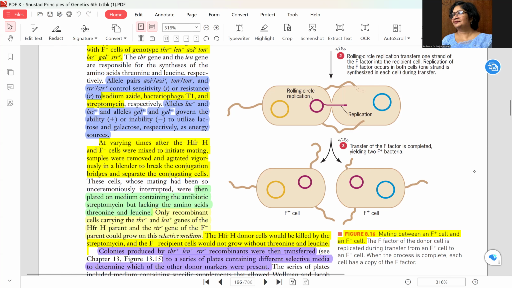And as the DNA strand is transferred, Okazaki fragments are formed in the recipient cell, and eventually the whole displaced DNA strand is copied in the recipient cell through the formation of Okazaki fragments. In the donor cell, as the strand is displaced, a 3' hydroxyl end forms at the other end where the displacement takes place.